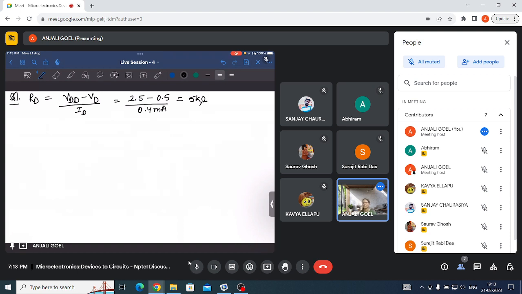Okay, so now to determine RS, what is the value of voltage at source? Minus 2.5, 0.4 RS minus 2.5. Sorry, VS? 0.4 RS minus 2.5 volt. No. So first we'll take the equation of drain current.